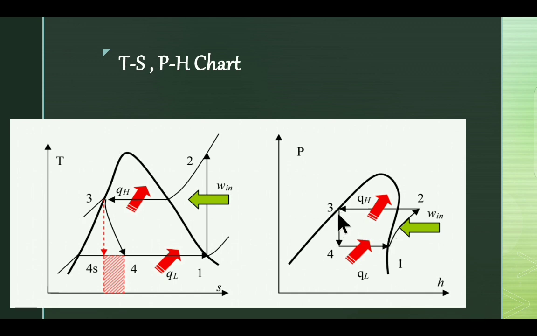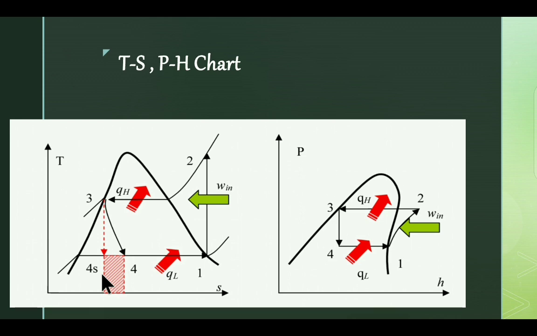After expanding from 3 to 4, it is liquid only. 3 to 4 we have two cases. One is 3 to 4s, an isentropic expansion.